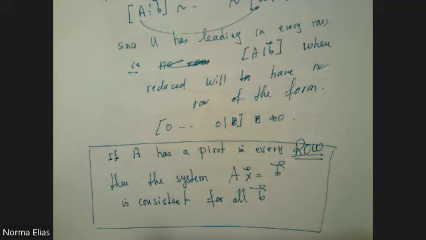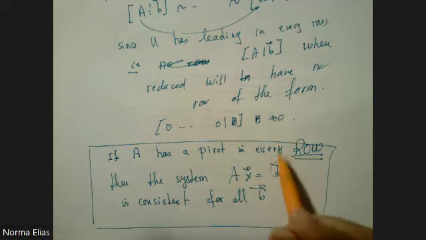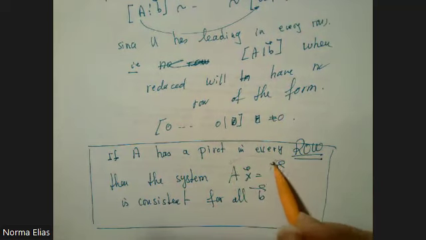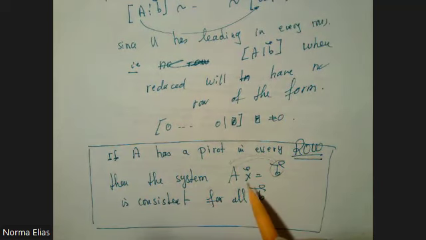And it's going to mean something else that we'll get to when I'm done with this: that every vector B is going to be in the span of the columns of A, which is a remark I'll have to make by the end of the discussion.